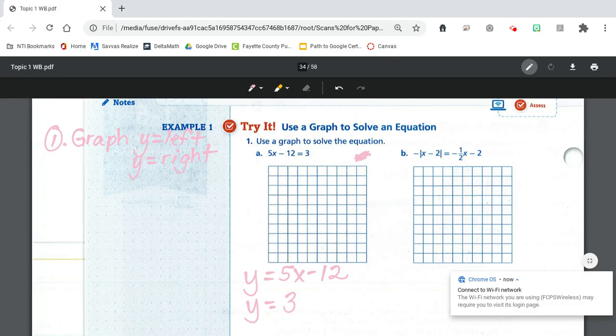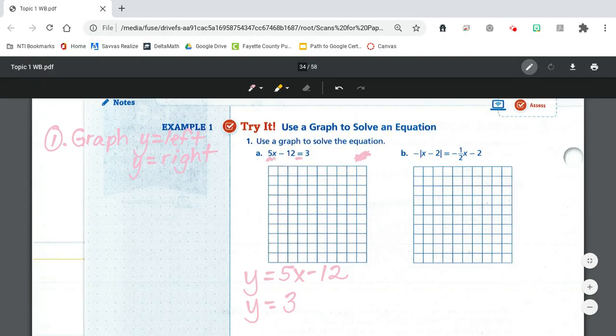Now, once I graph those, I'm going to be able to find the solution by looking for, if you notice it's an equal sign, the place where 5x minus 12 is the same as 3. So for part 2, the place where they're the same is the point where the graphs intersect.